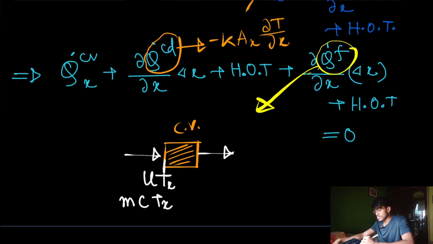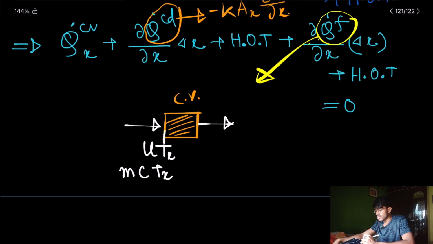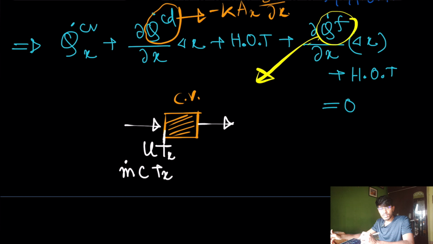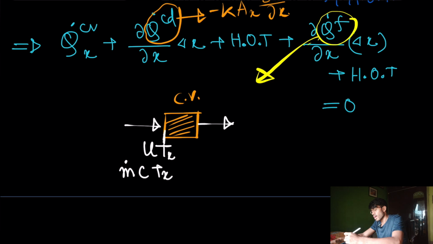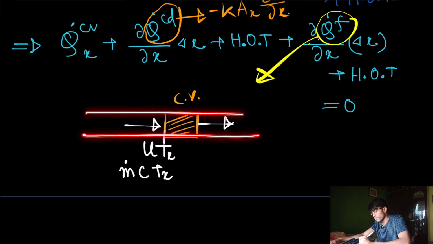Now if this is the energy, what is the energy flow? Energy flow is m dot, the mass flow rate of the rod. I will do an analogy with a fluid. If this is a pipe, then a fluid is entering with a velocity of u.